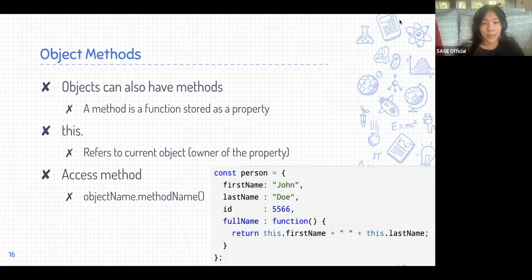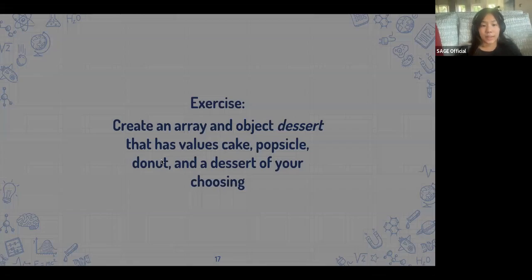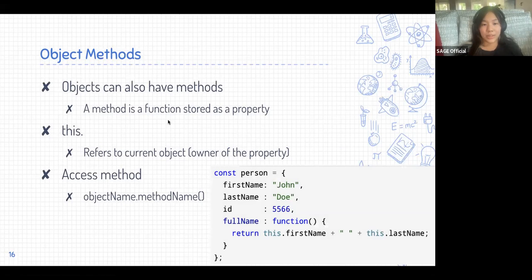We also have object methods. A method is a function stored as a property. You can see at the bottom here, we just created a function inside of the person object. So you're gonna have the property name, the colon, and then function, arguments, and then inside brackets you will put your function operation.